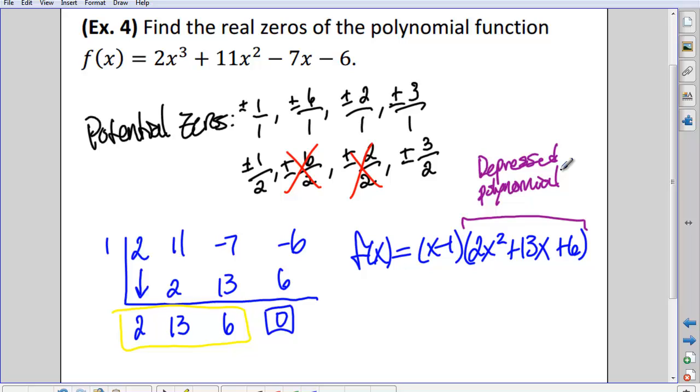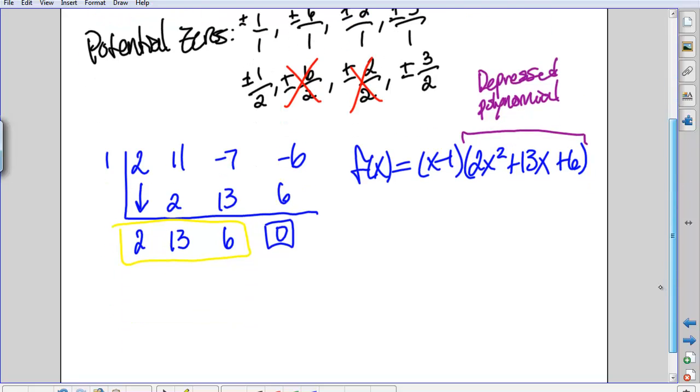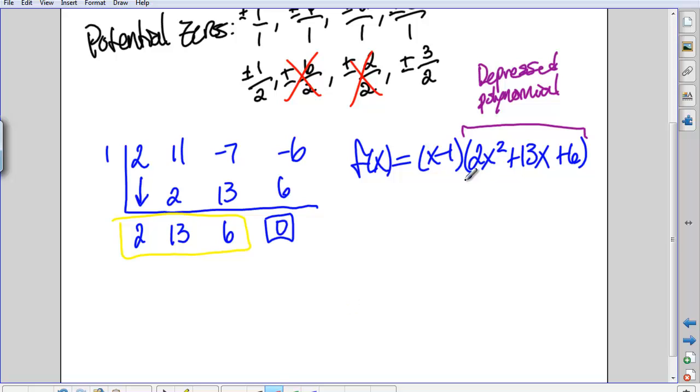That's a depressed polynomial. Now what's helpful about that depressed polynomial is that we started with a third degree polynomial, right? So we have a maximum of 3 zeros. We found 1, that means there could be 2 left, and wouldn't you know it, those 2 zeros reside inside this depressed polynomial.